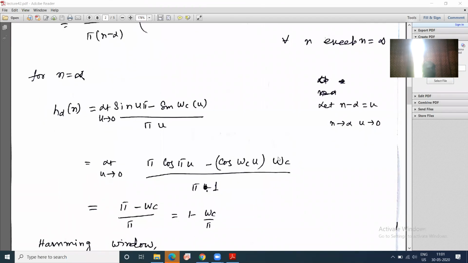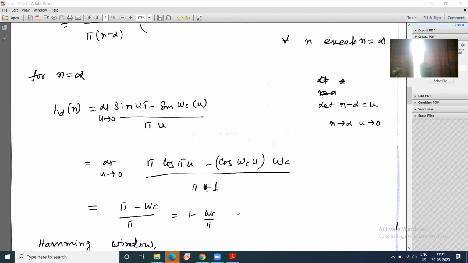Now you have to substitute u equal to 0. If u equal to 0, that is pi minus omega c, because cos 0 becomes 1, so this is pi minus omega c by pi, which is equal to 1 minus omega c by pi. So for n equal to alpha, hd of n will be equal to 1 minus omega c by pi.